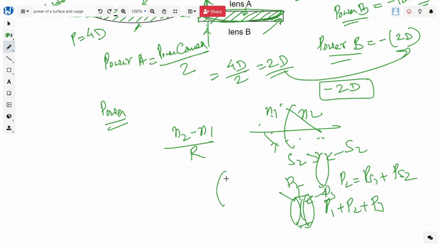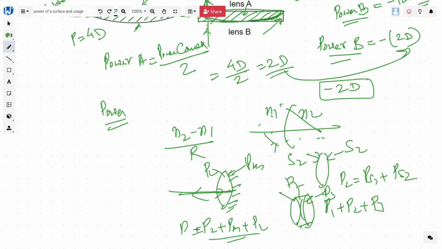And if we have a combination of a lens and a mirror, and the ray of light is coming like this, it is going to be the power of the lens, then the power of the mirror, plus the power of the lens again, because after reflection the ray is again traveling through the lens. And if there is no deviation, convergence or divergence of the ray of light, the power is equal to 0.